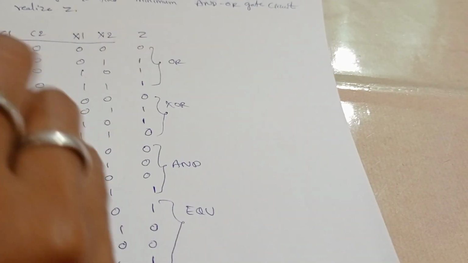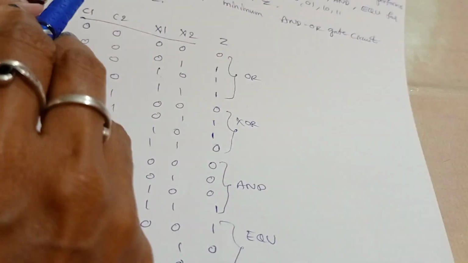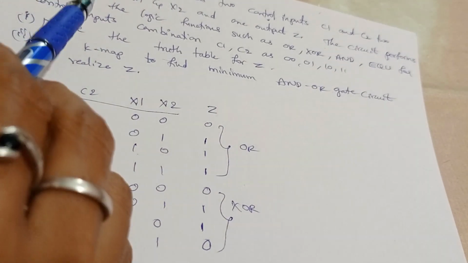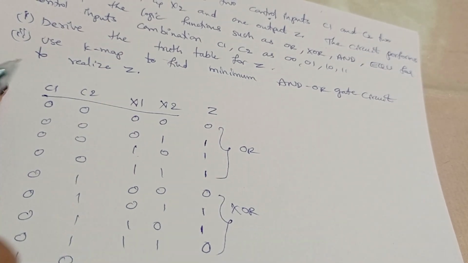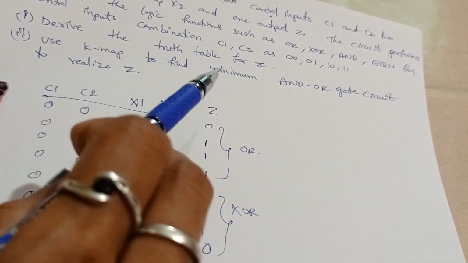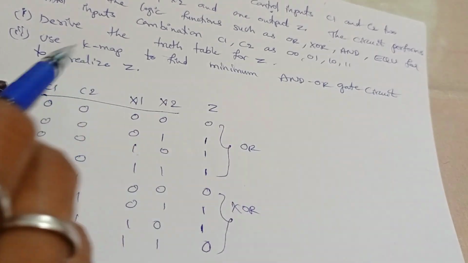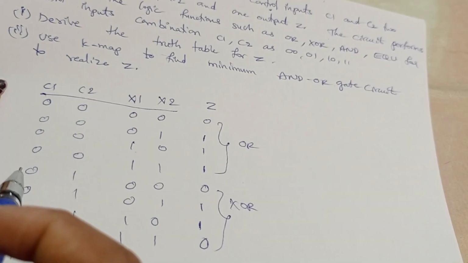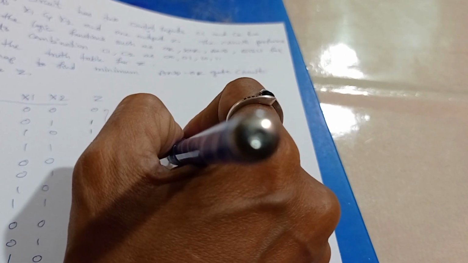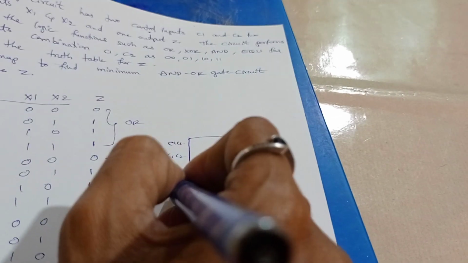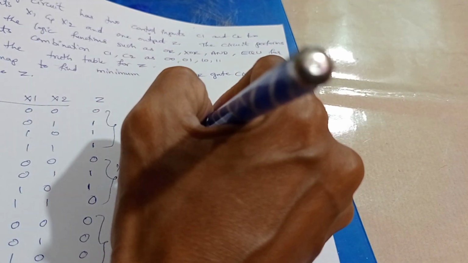Now, what is the question? Derive the truth table for Z. Now, this is the truth table already derived. Use a K-map to find the minimum AND-OR gate circuit to realize Z. Now, we'll draw the K-map. On this side C1, C2 and on the other side X1, X2.